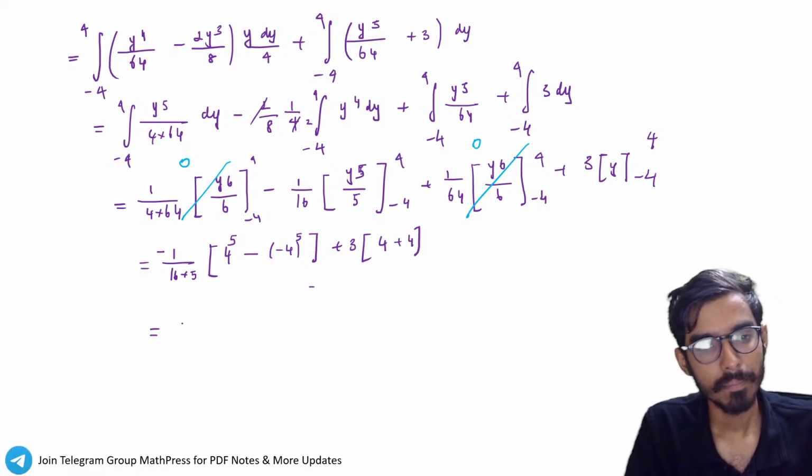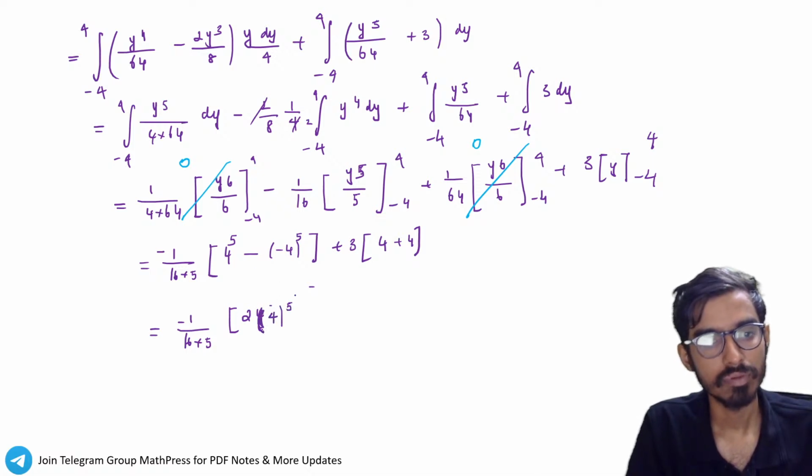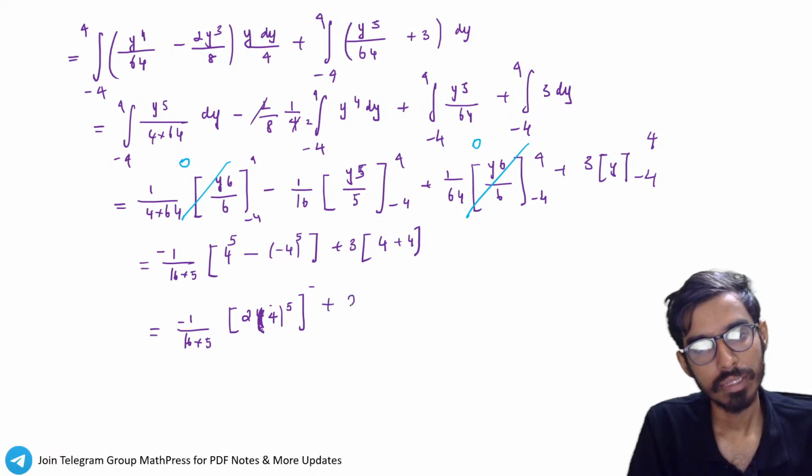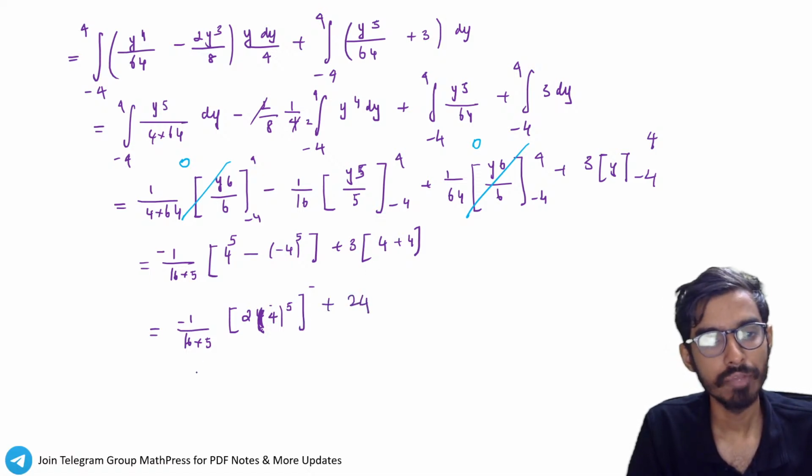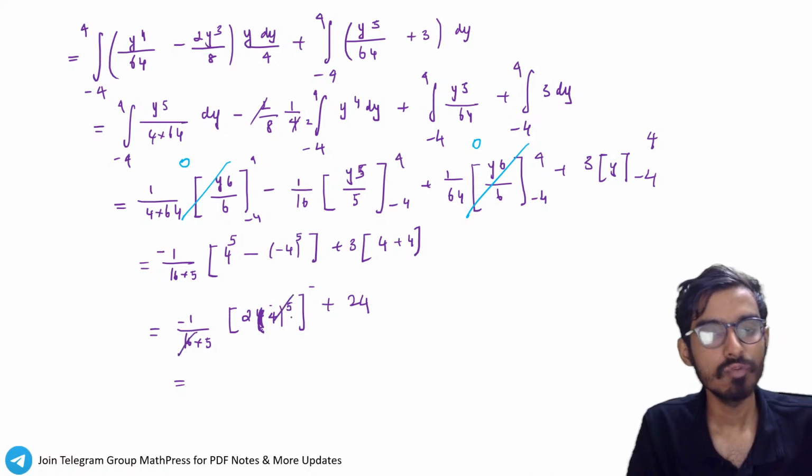So this will be minus 1 by 16 into 5. So this will be 2 times 4 power 5, right? This will be 24. So you can see this is 4 square. This is 4 power 5.